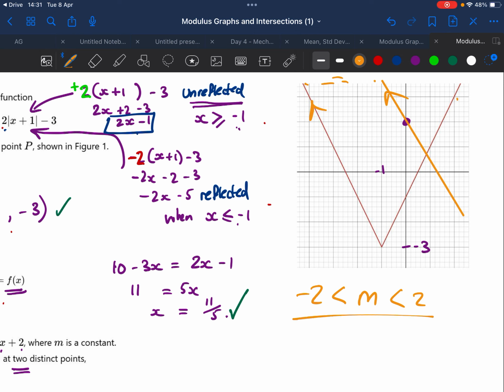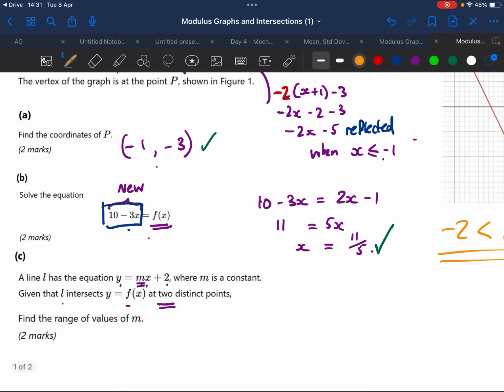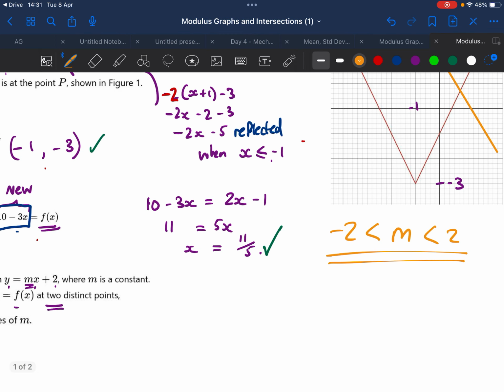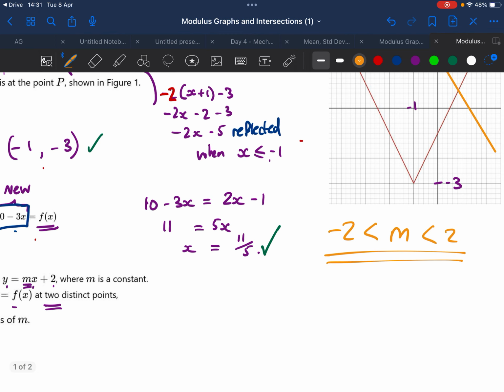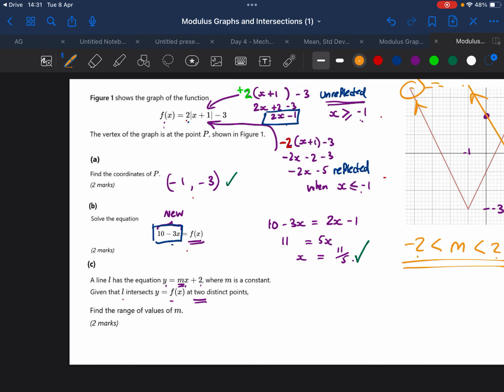So the answer to our question is as follows. When the gradient is between the parallel lines, even if it's way off to the right or way off to the left, they will cross, and it will cross on the other side as well. So the answer is between -2 and 2, not including the values, because then they're parallel.